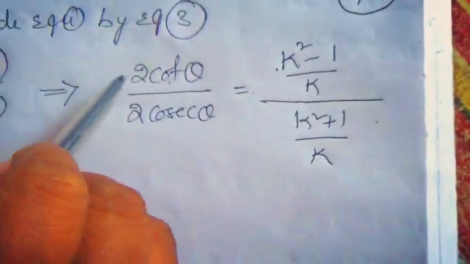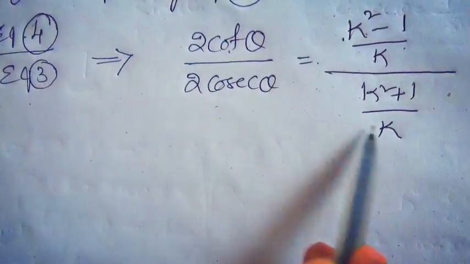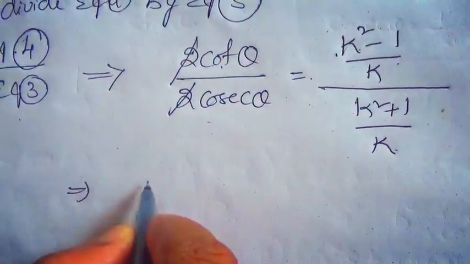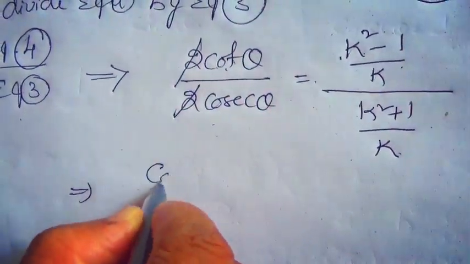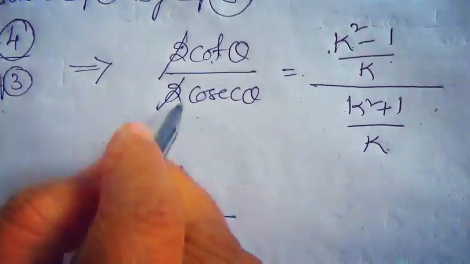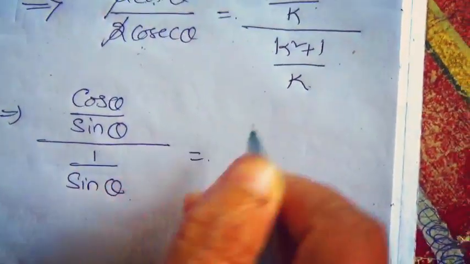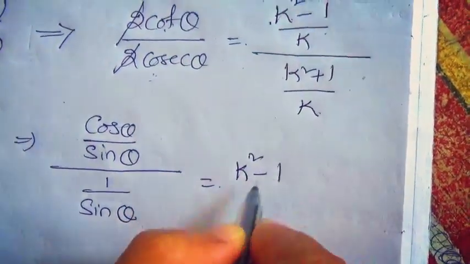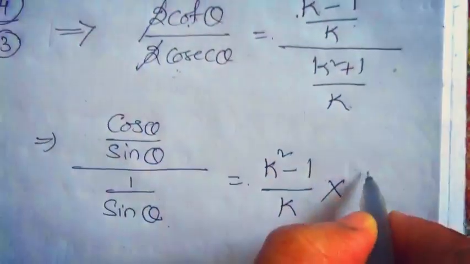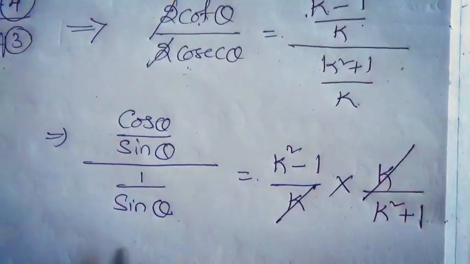So I am substituting equation 4 at the numerator and equation 3 at the denominator. That implies 2 cancelled. Cot theta means cos theta by sin theta, whole by cosecant theta means 1 by sin theta, is equal to k square minus 1 by k into the reciprocal of the denominator, k by k square plus 1. k cancelled.